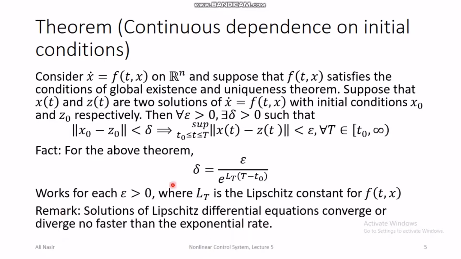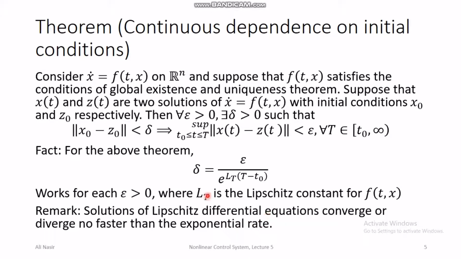Another thing that we can infer from this continuous dependence upon initial condition is that the solutions of the Lipschitz differential equations converge or diverge no faster than the exponential rate.